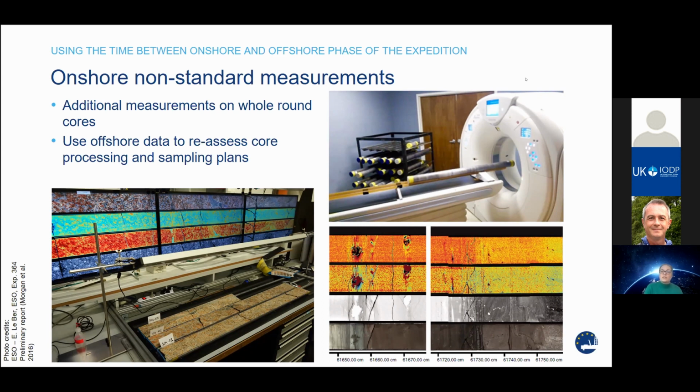It is also a good time to take a step back, look at the data, and maybe reassess the core processing and sampling plans, because we don't have a lot of material to go around. So we have to make sure that our sampling plan is really meeting all our scientific goals.